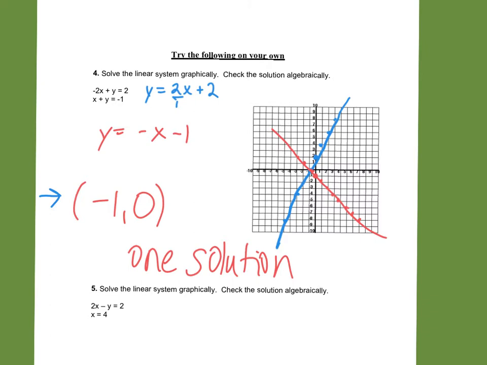Negative 1 plus y, which is 0. Does that equal 2? Yes, it does. And then I gotta see, does x plus y equal negative 1? Does negative 1 plus 0 equal negative 1? For this one? Yep, it does. So we're good.